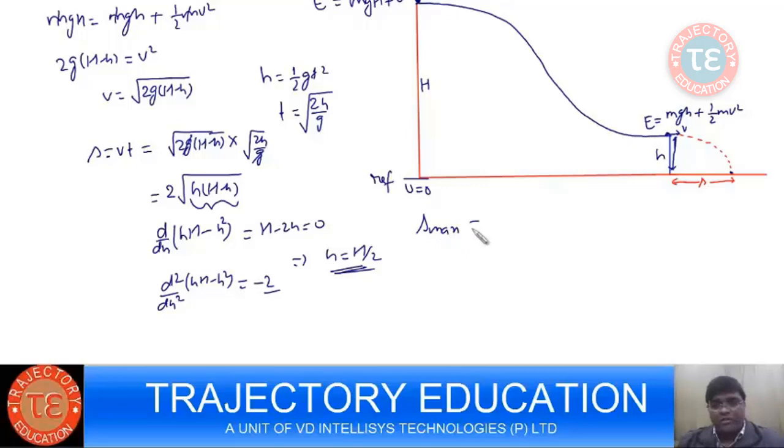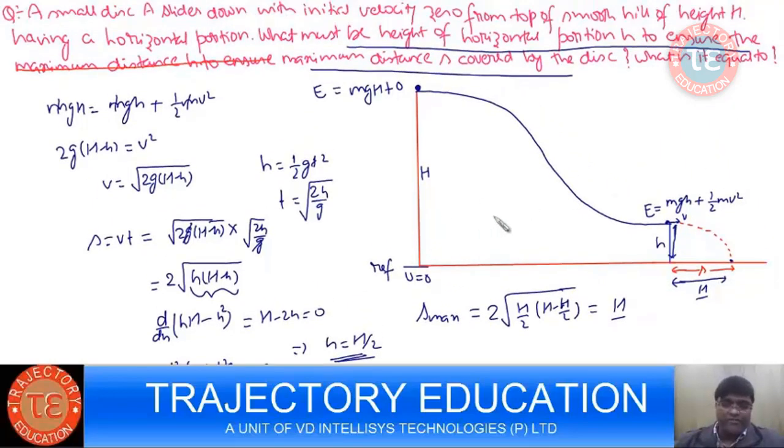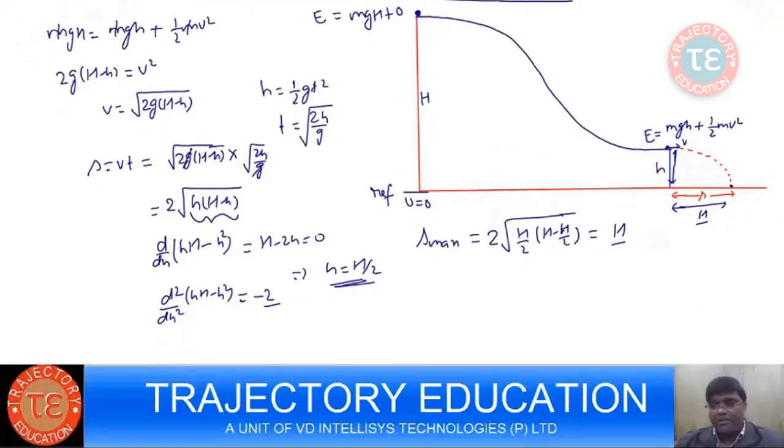So S max is going to be 2 times the square root of H by 2 into H by 2, so that comes to be capital H. S max is capital H. Okay, so that's how you can do this problem. This is a very simple problem on the law of conservation of energy.